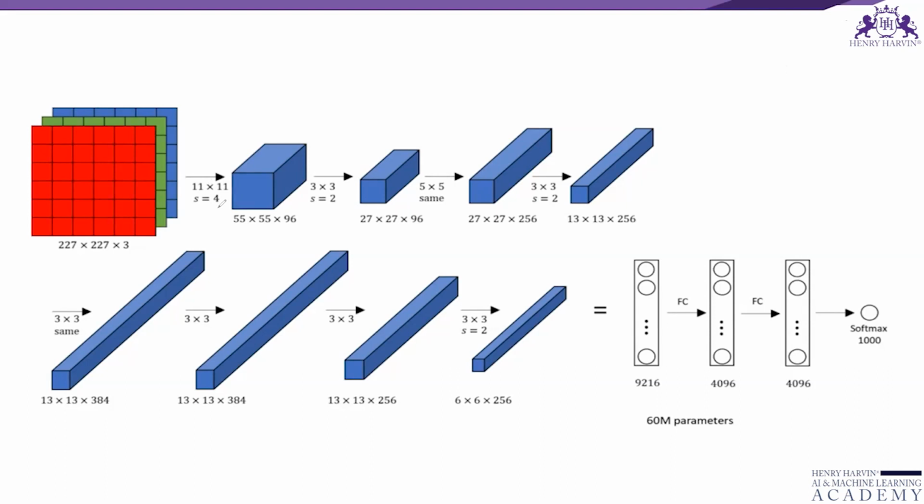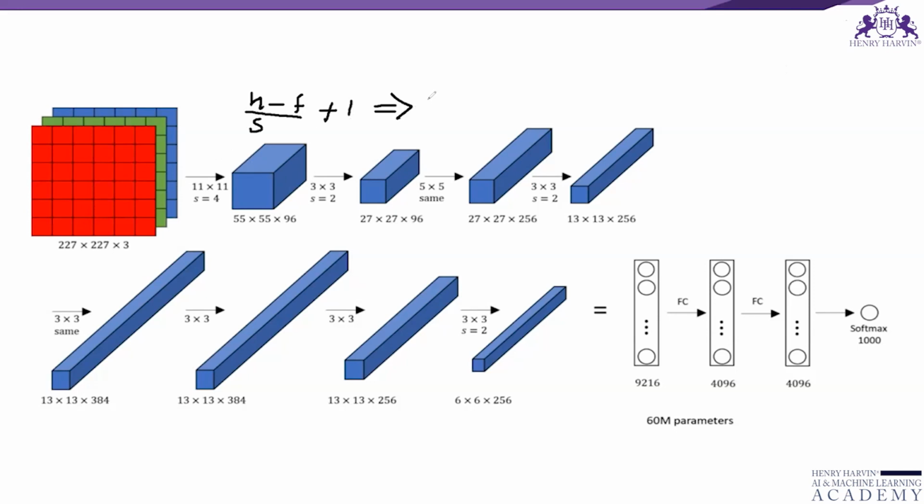Let us try to calculate this now. So we know that if there is no padding, what is the formula? N minus F divided by S plus 1, right? So substitute this over here. Now what do we get?